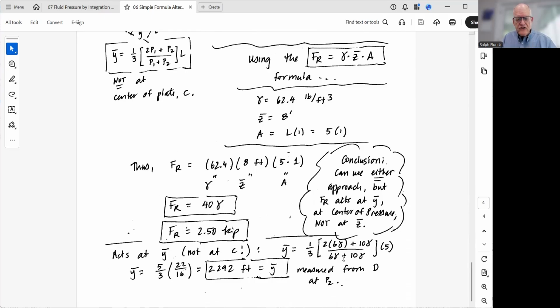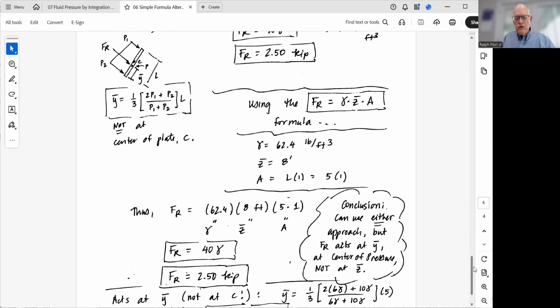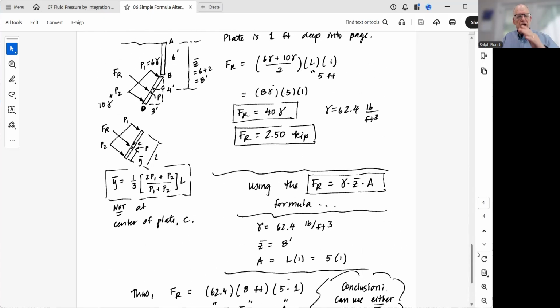The gammas actually all cancel out. And you're left with Y bar is 2.29 feet. And this is measured from the bottom of the plate upward. So 2.29 measured upward. And remember, this is a 5 foot long plate, so 2.29 up is below the center of the plate. And again, it's 2.5 kip.